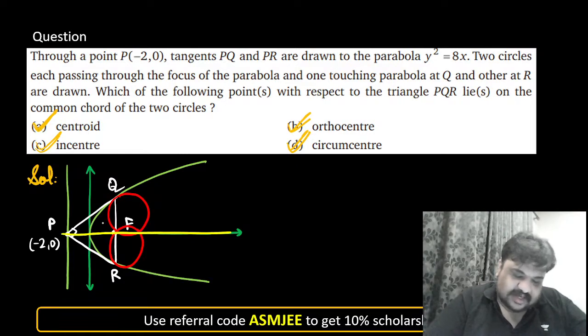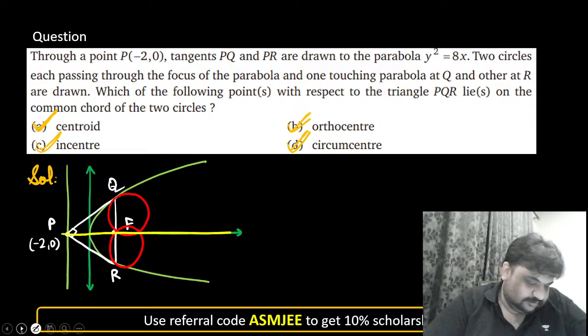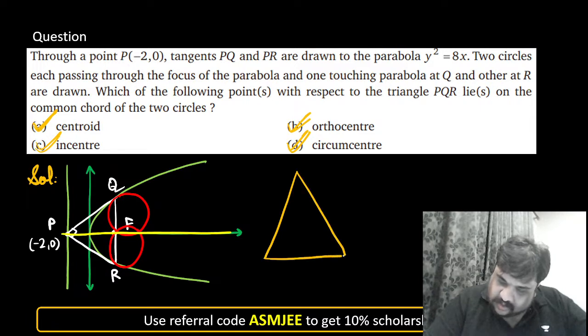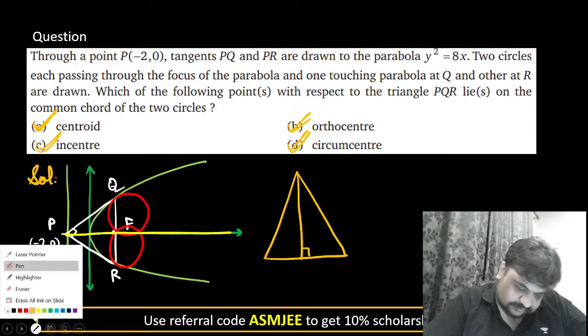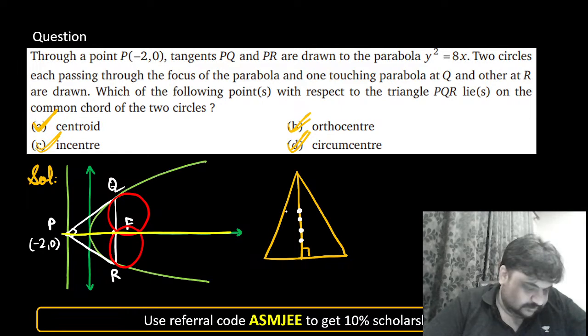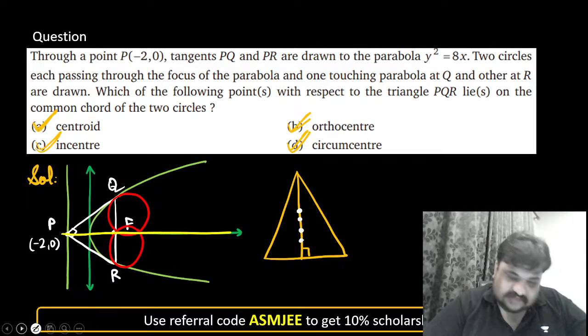It's an isosceles triangle, all four of them will lie on this. In an isosceles triangle, all these 4 points lie on this line. Done. This was very easy.